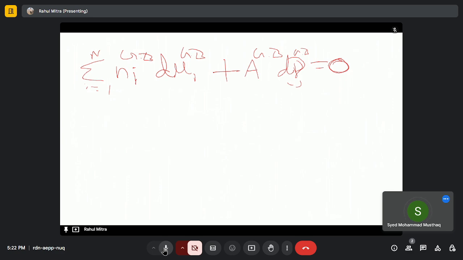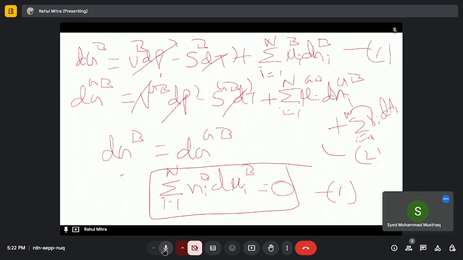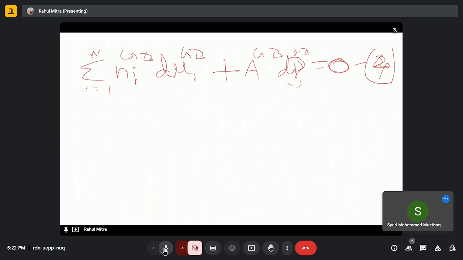Therefore, let's say this is equation 3 and this is equation 4. Now comparing 3 and 4, both are 0 and both can be equated.